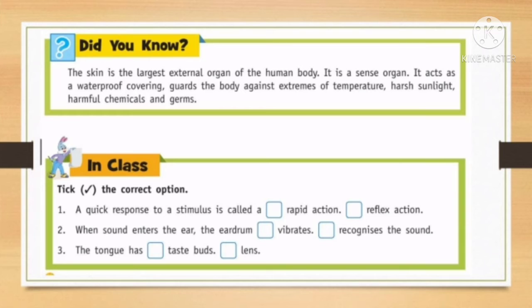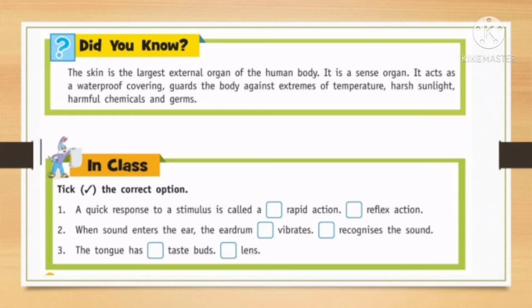Now, third: the tongue has. Options are taste buds or lenses. So first tell me, for what purpose do we use the tongue? What is the function of the tongue? It is to recognize the taste of food.